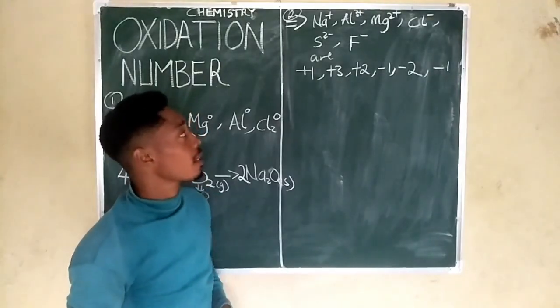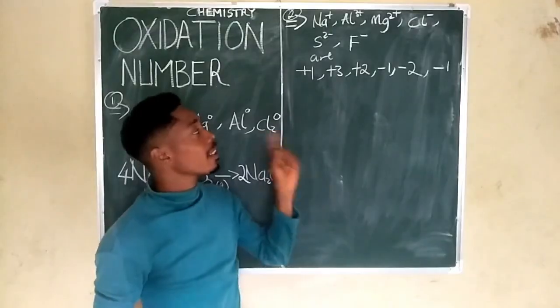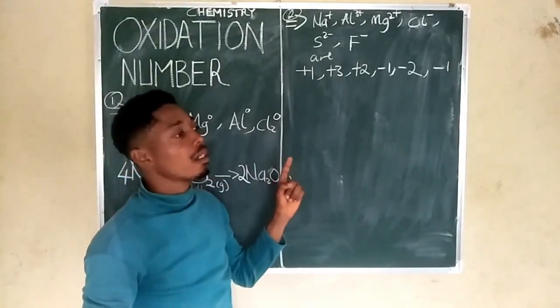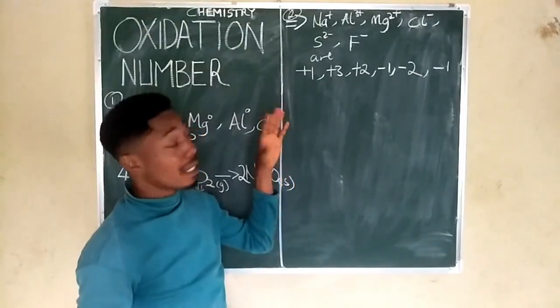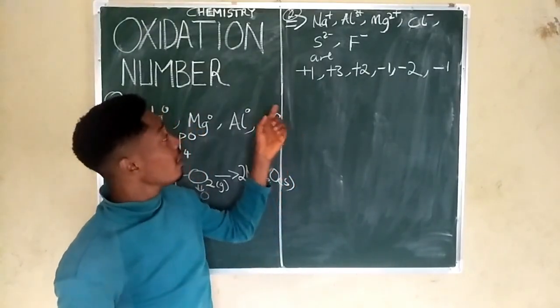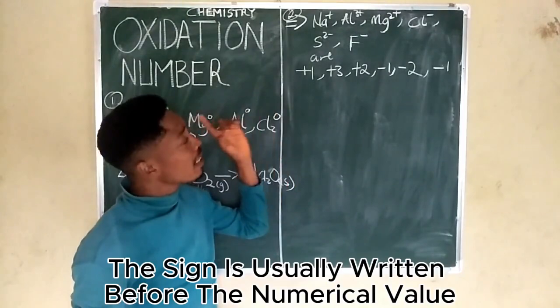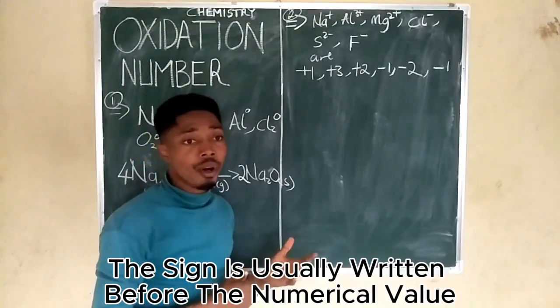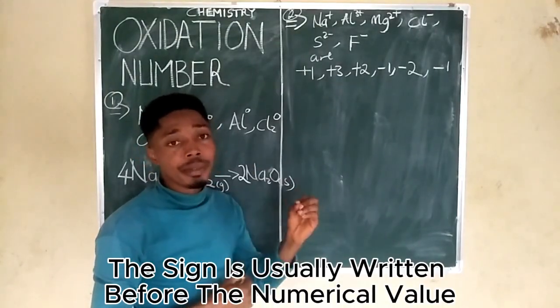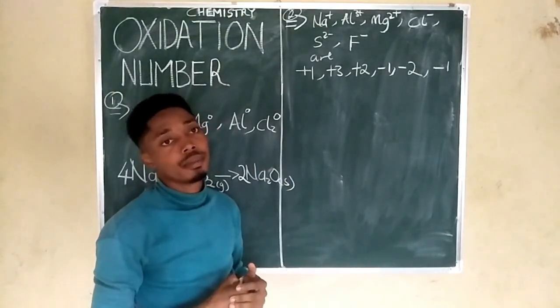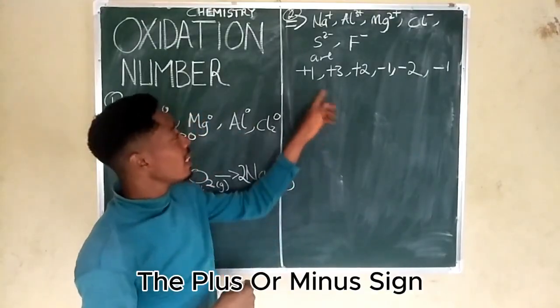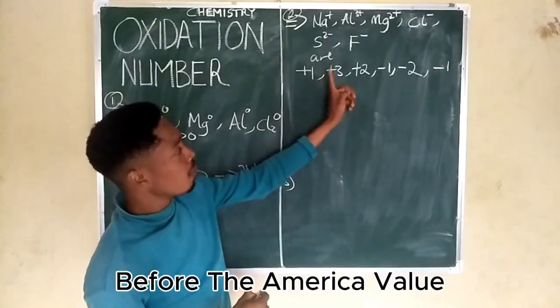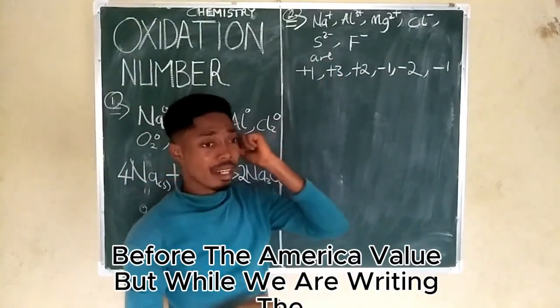If you look at this, you would notice that for an ion like this, the sign of the oxidation number is usually written before the numerical value. The plus or minus sign is written before the numerical value.